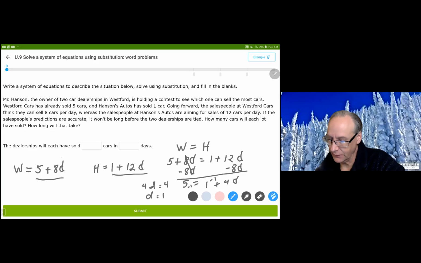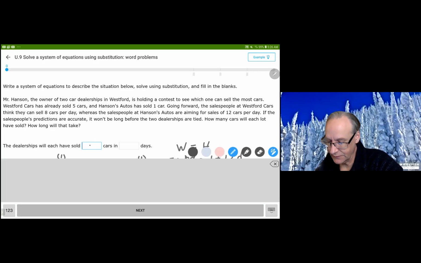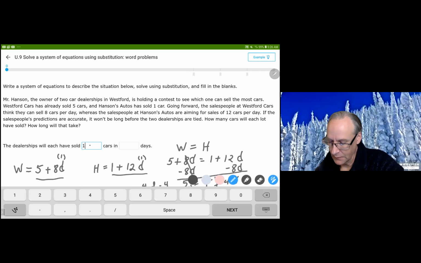And let's see if that's true. If I put a 1 in here, the Westford, I think it's Westford. Yeah, Westford is going to have 13 car sales, and Hanson's is going to have 13 car sales. So they are going to have 13, which you do need to substitute it in, 13 cars in 1 day.